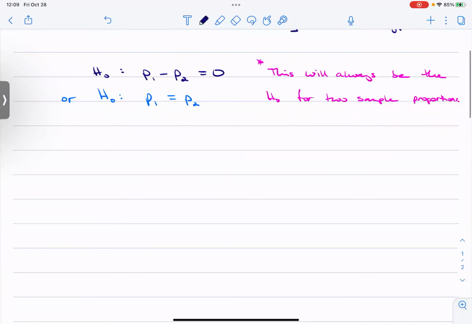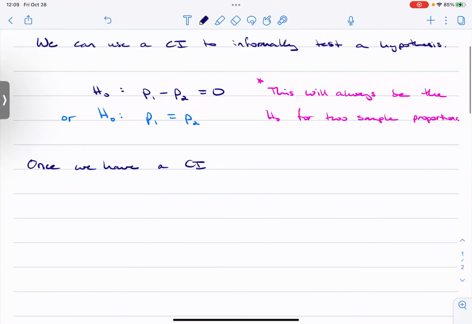So once we have a confidence interval, okay, we check to see if, and I'm going to talk about it generically because we can do this for any hypothesis, any type of question, right? And so I'm going to talk about the null hypothesized value, which is 0 in this case.